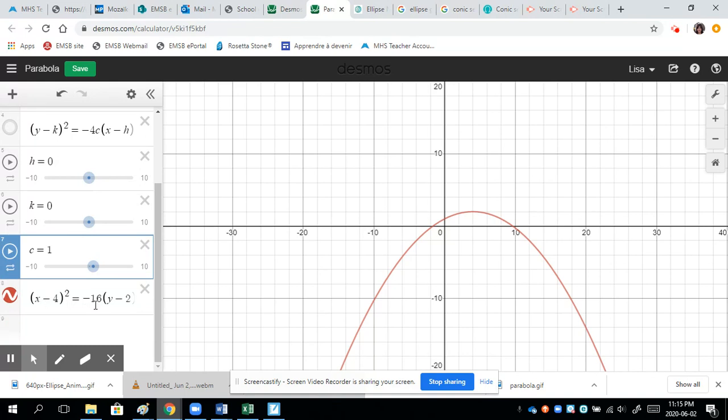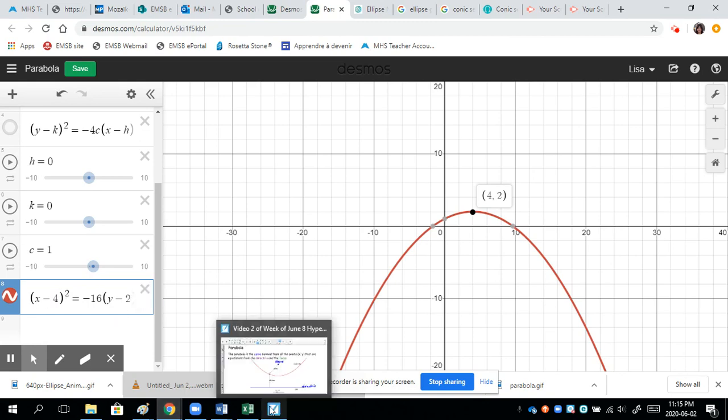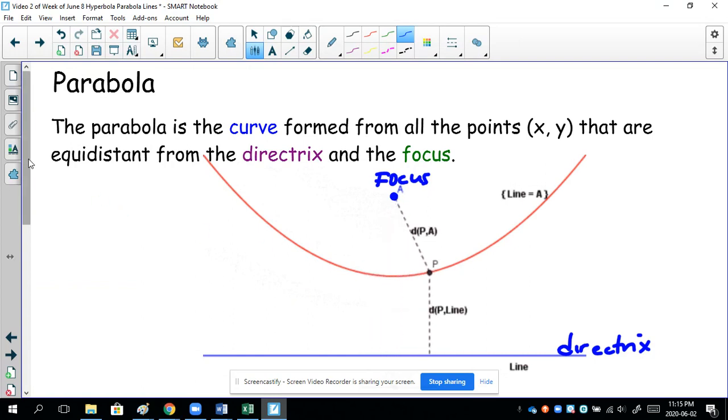The only thing we can really see from the parameters is the vertex. So the vertex here should be 4 and 2. Exactly, H and K.